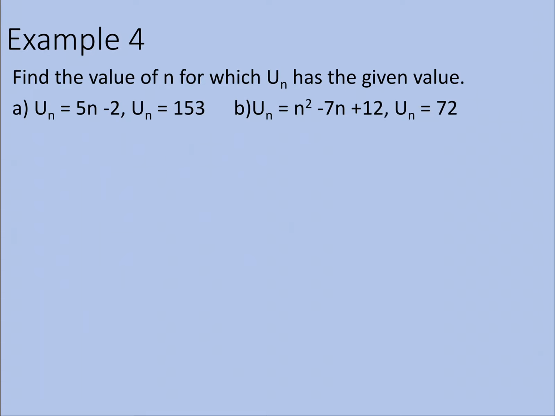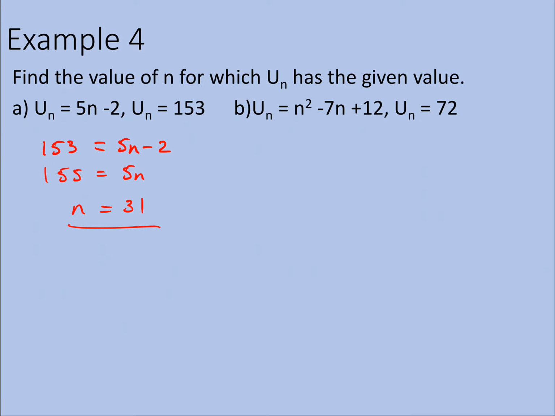All we need to do here is to solve that 153 is equal to 5n minus 2. So add 2 to both sides, so it's 155 is 5n, so n must be 31.